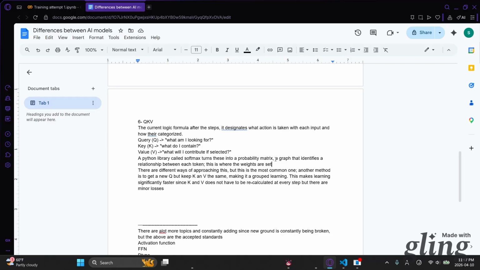But this is basically where the forefront of AI technology is at right now. This is where people are deciding the new logics, all the steps. New logic is being found.